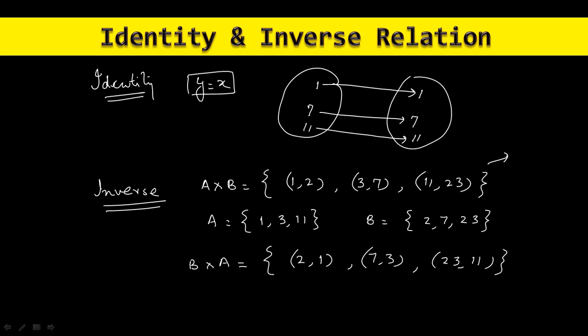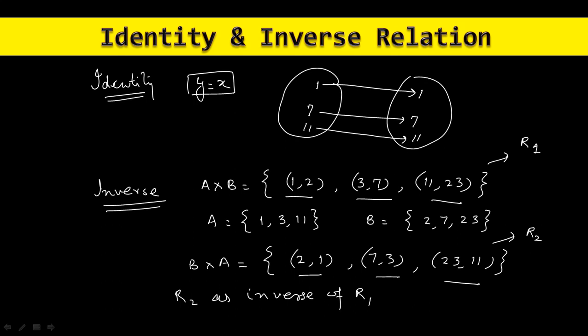This one is the first relation. And what about this one? This one is the second relation. Now, these are the values of B cross A. Now, I can write R2 as the inverse of R1 and vice versa is also true.